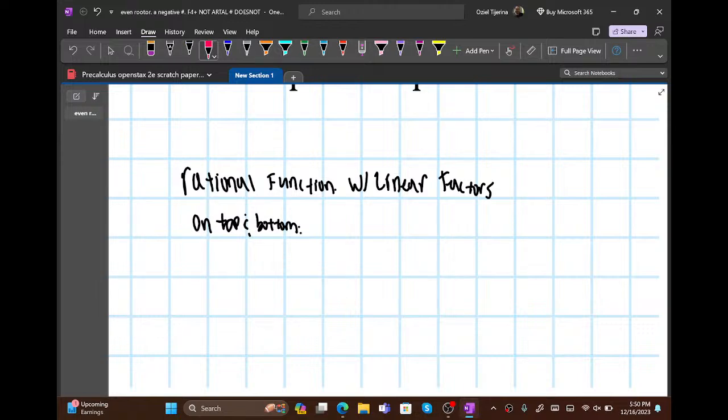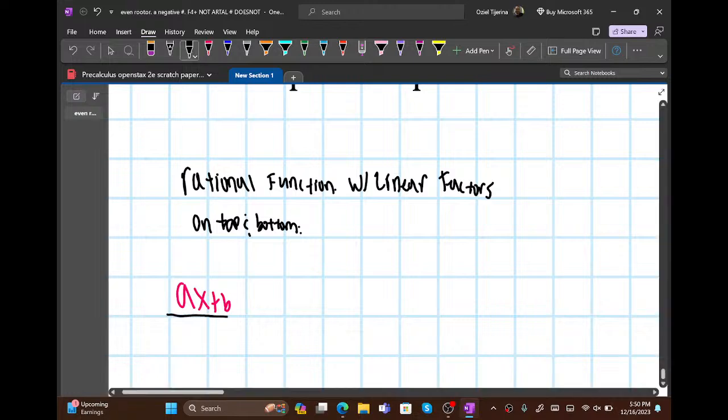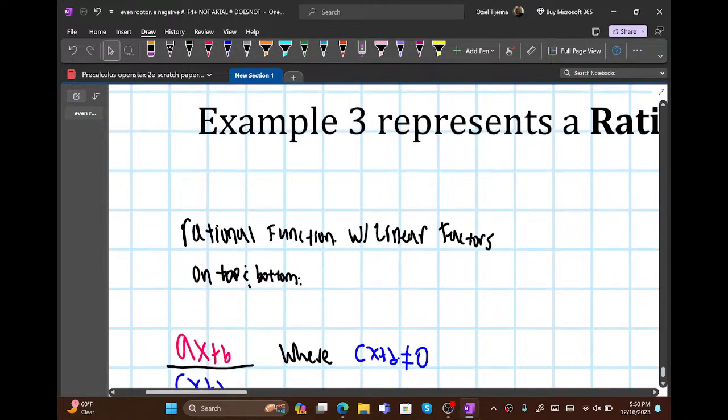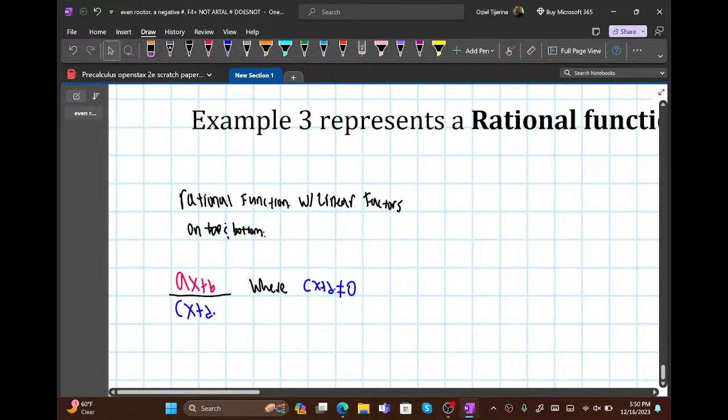It's really of the form ax plus b over cx plus d, where the denominator cannot be 0, where cx plus d is not equal to 0. The reason why I say not equal to 0 is because, again, division by 0 is not possible.